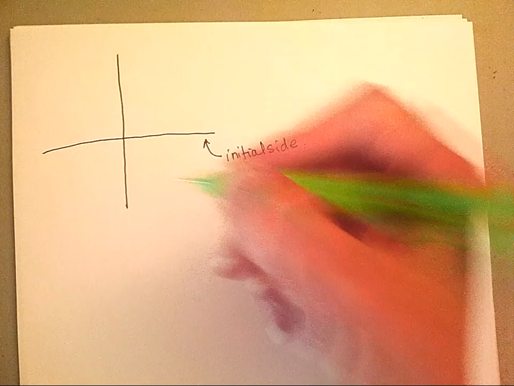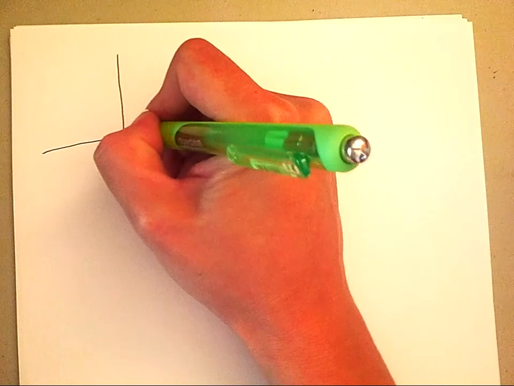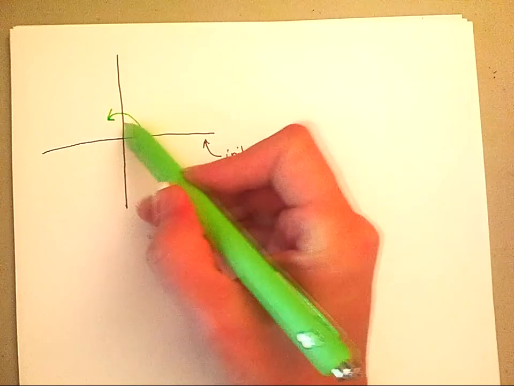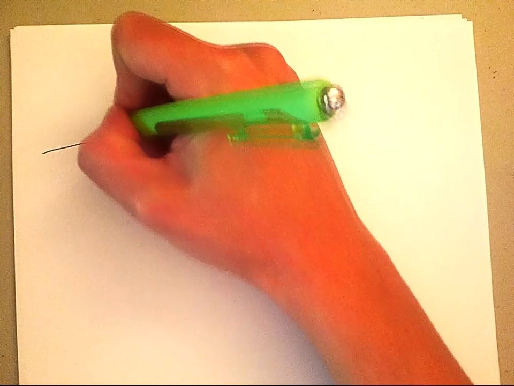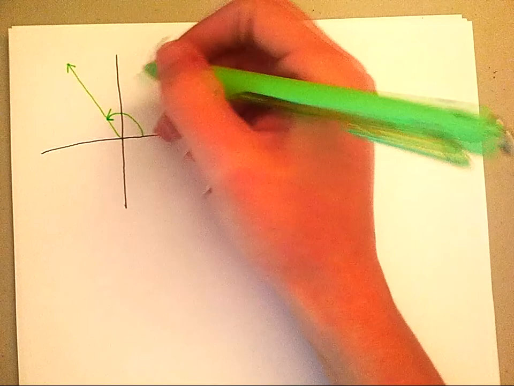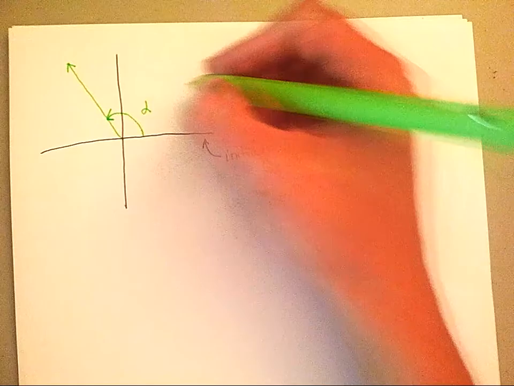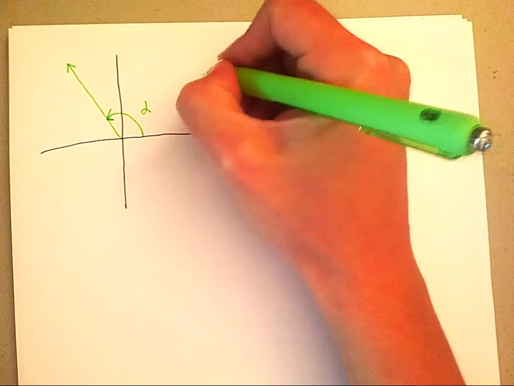And we could then sweep out an angle. We have two directions we could go. If I went this direction, and I'm notating that by this arrow, and here was the terminal side, let's say this is an angle alpha. This is known as a positive rotation.